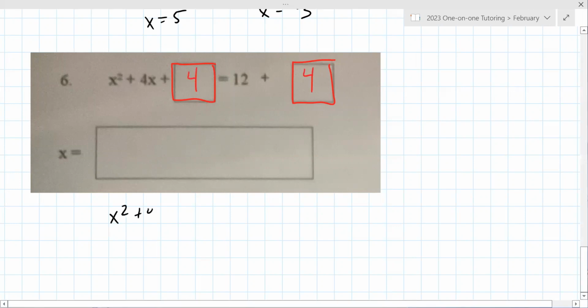So on the left here, I want you to tell me what this factors into, please.